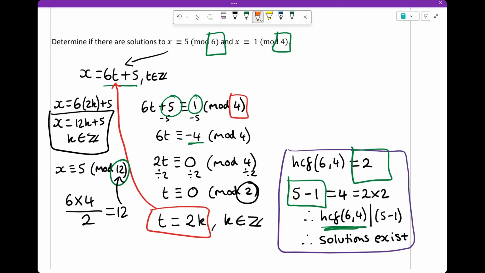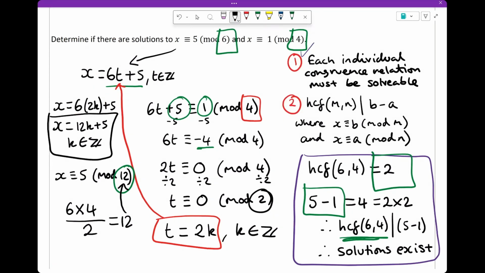And let's just relate the dividing by 2 to our process of solving. Well, it's to do with this step here where we divide the mod by 2. Because as a result, we get 2k here as opposed to 4k. And that carries over to when we substitute into the 6t up here. And as a result, from this product, we get 12k as opposed to 24k.